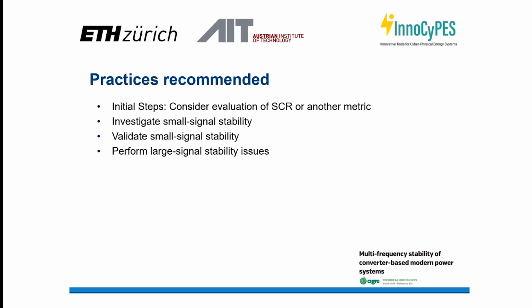And if it doesn't meet this index, something is wrong, and that needs to be tackled and addressed immediately. You can validate the small signal stability through different linearization points. And finally, you can perform large signal stability analysis. That is what Ali will talk about later.